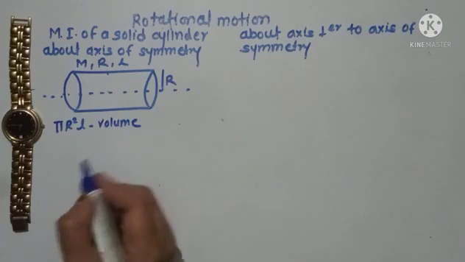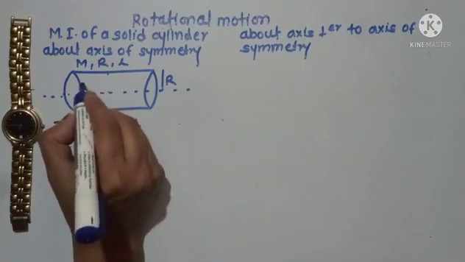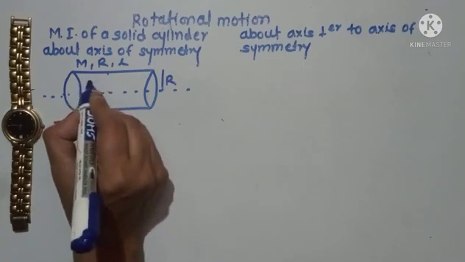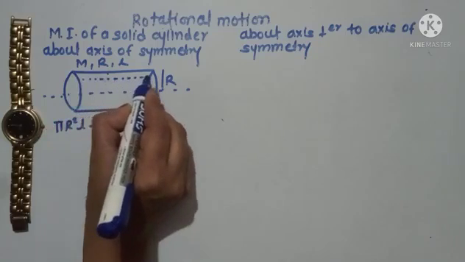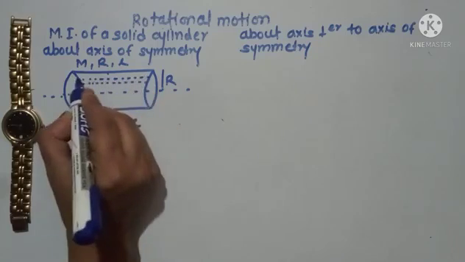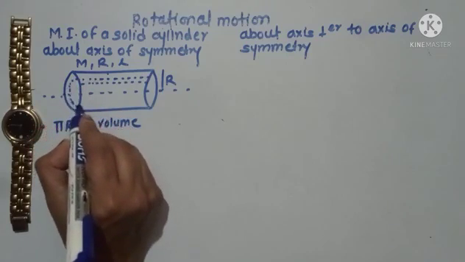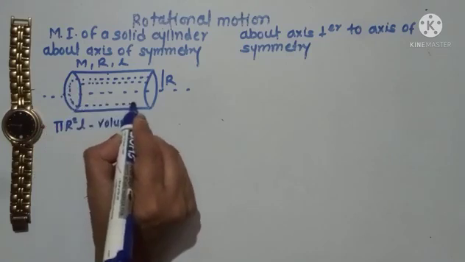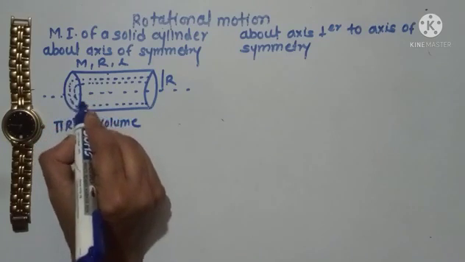Now if I consider some small coaxial cylinders of width dx, let me show it here. This is the width dx of the small cylinder which is inside the solid cylinder. This is imaginary but obvious.